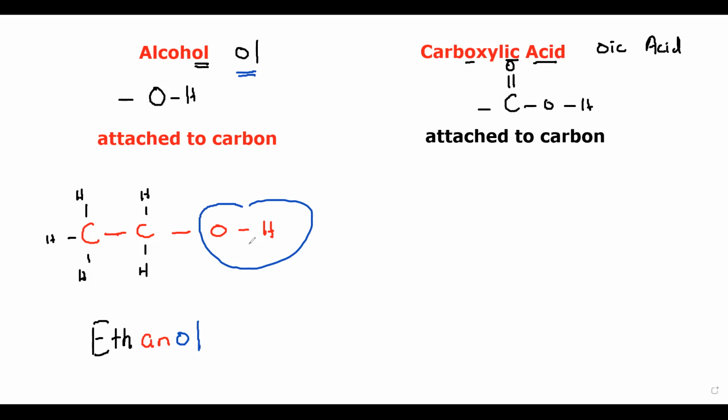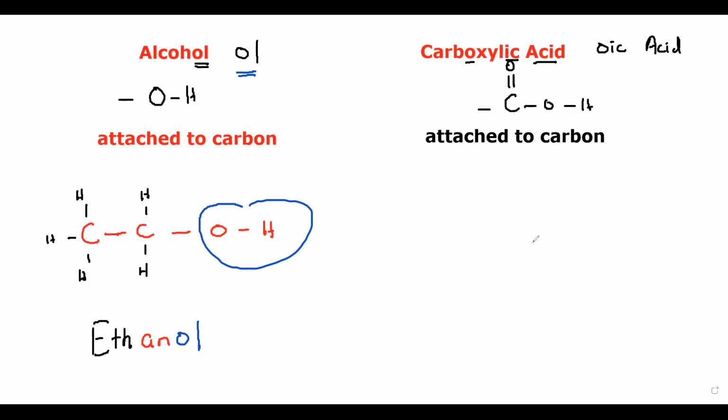So ethanol. Is this example clear? First we name the carbon atoms, then we name according to the bond, and due to the OH we call that OL. So it becomes ethanol.